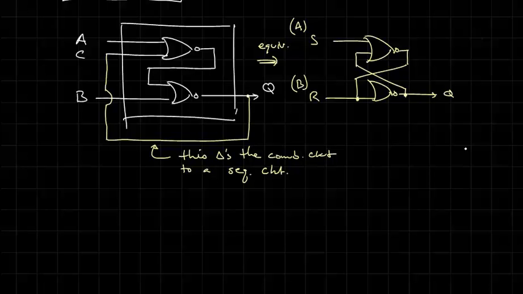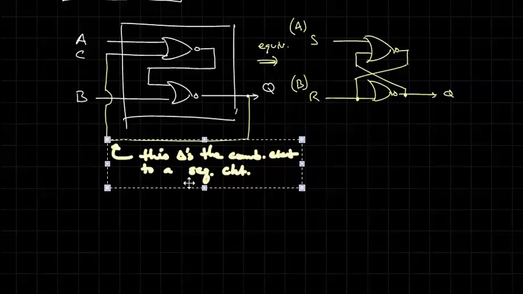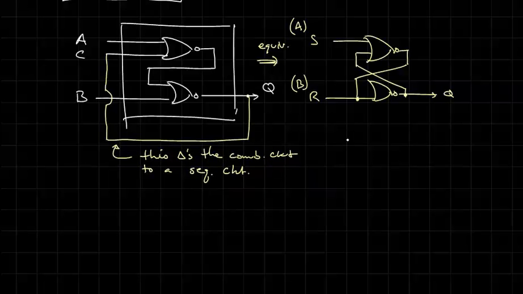So let's draw a truth table for this. Okay, so we have S, R, and Q. Q is the output, S and R are the two inputs. And let's think about the logic for the NOR gate.